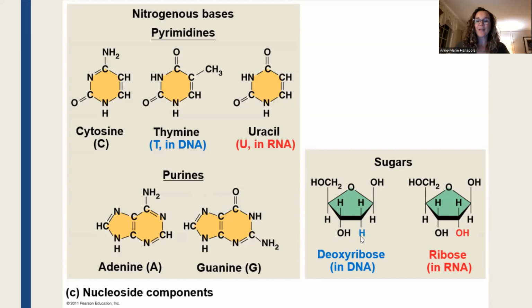So deoxy means without an oxygen. So it's missing that OH group there, and it just has a hydrogen there. So very, very similar, just missing an oxygen in that deoxyribose.